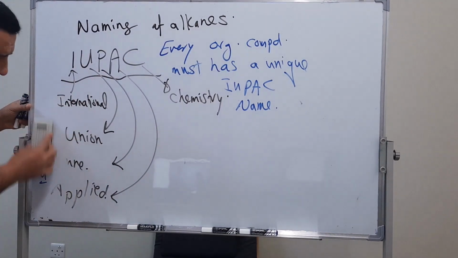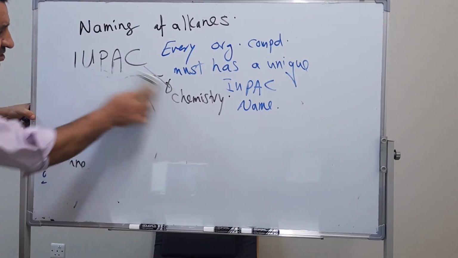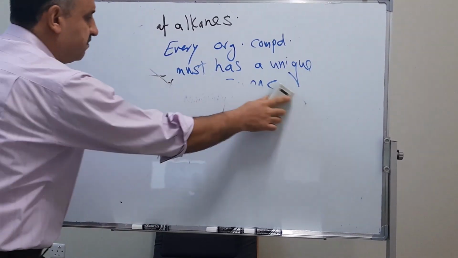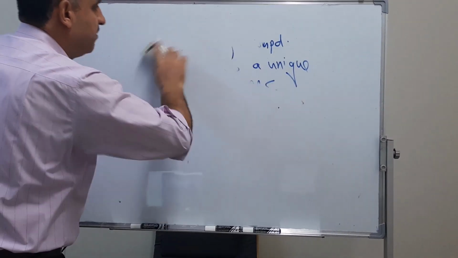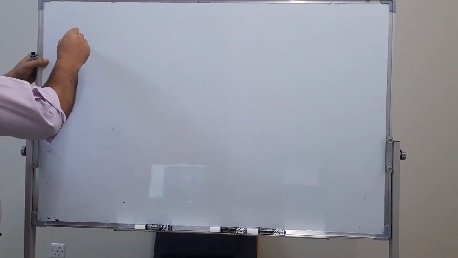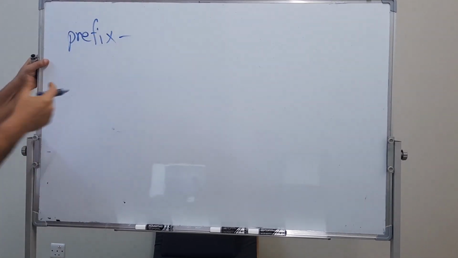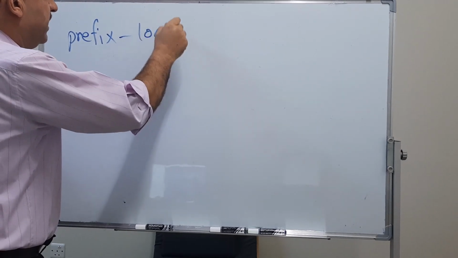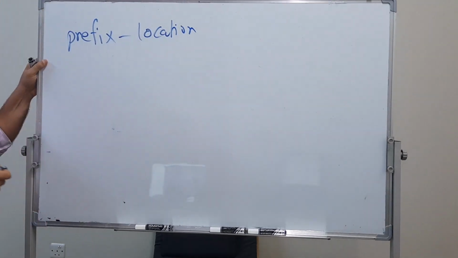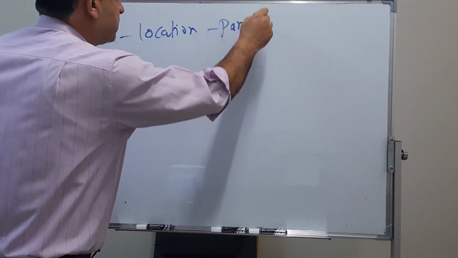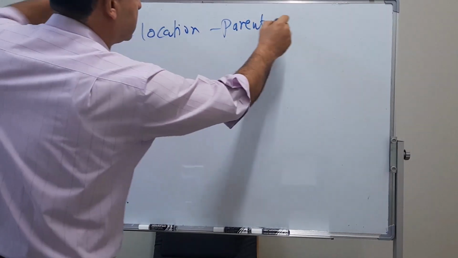And the rules for the IUPAC nomenclature always follow a certain pattern for giving the name of any organic compound, whether it is an alkane or anything else. First, there will always be prefixes, and then the location, or locant, of the substituent. Then there will be the parent, and there will be the suffix.